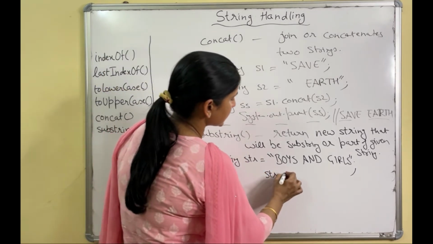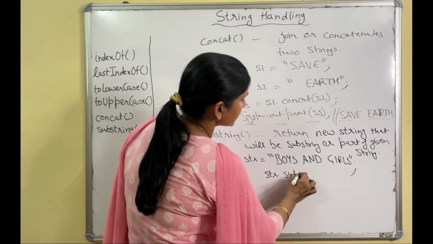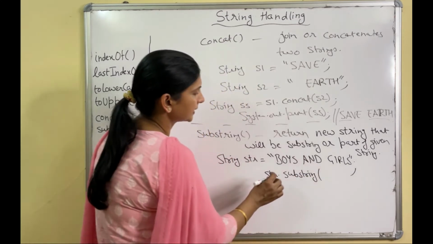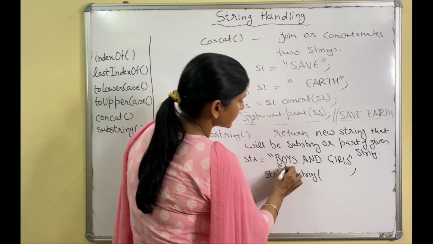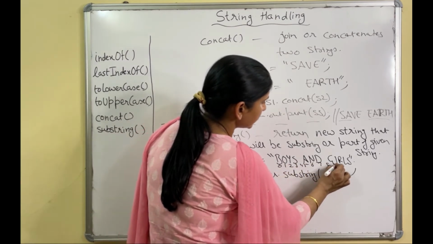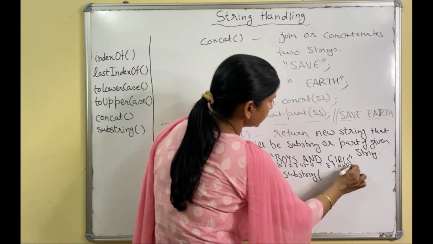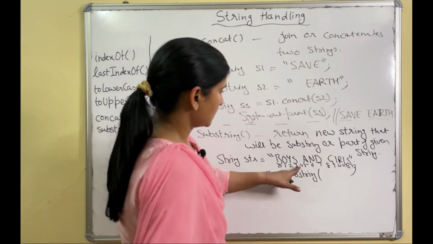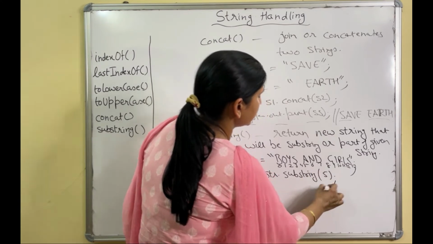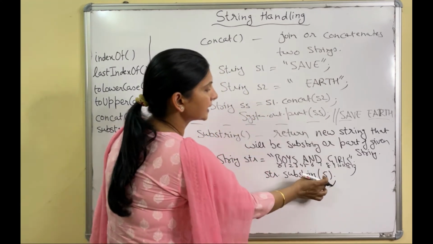For example, str dot substring. Index starts with 0, 1, 2, 3, 4, 5, 6, 7, 8, 9, 10, 11, 12, 13. Up to 13 it is. So here I am passing 5.